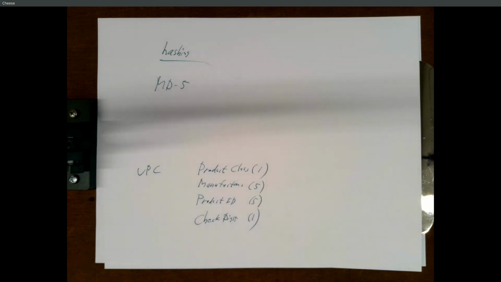All right, ISBN codes are the same idea. If you look on the back of a book, there's an ISBN code, and there's different versions of ISBN. There's 9 character, and I think there's 13 character, and so on. But that's another algorithm. With ISBN, you basically use a position-weighted sum of the digits. So the first digit plus 2 times the second, plus 3 times the third, and so on.